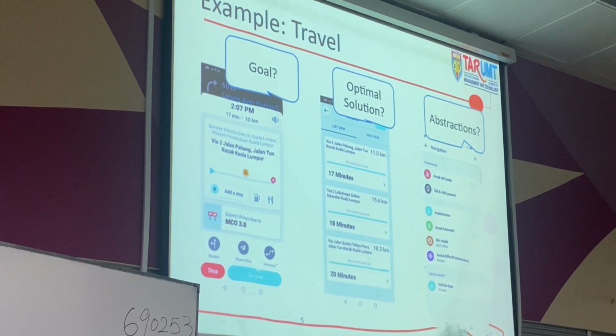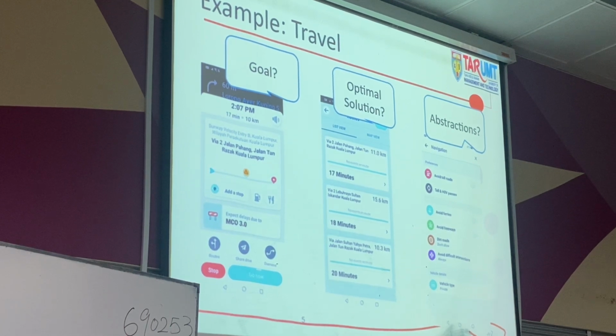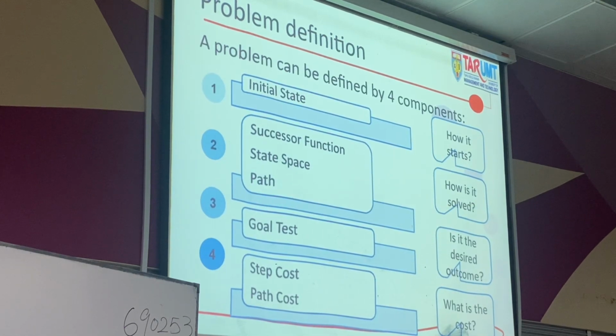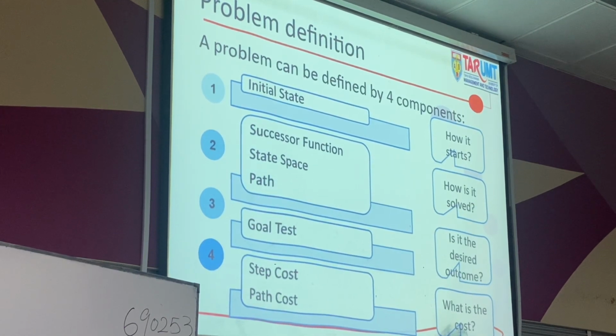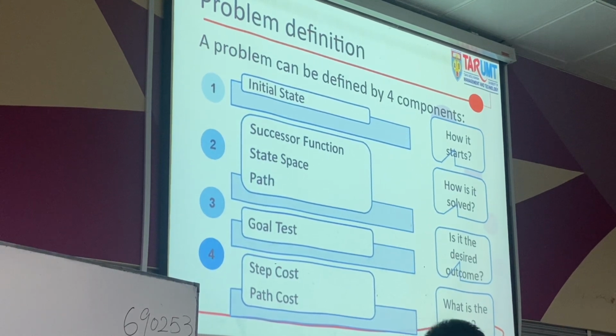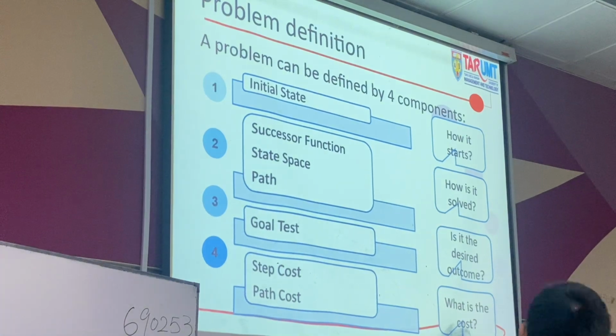I'm going to show you two or three examples of how we are going to define the goal and also the problem later. Okay? So meanwhile, we have these, how many? 3, 4, 5, 6, 7. We have 7 elements in the problem definition here. No need to memorize every term.